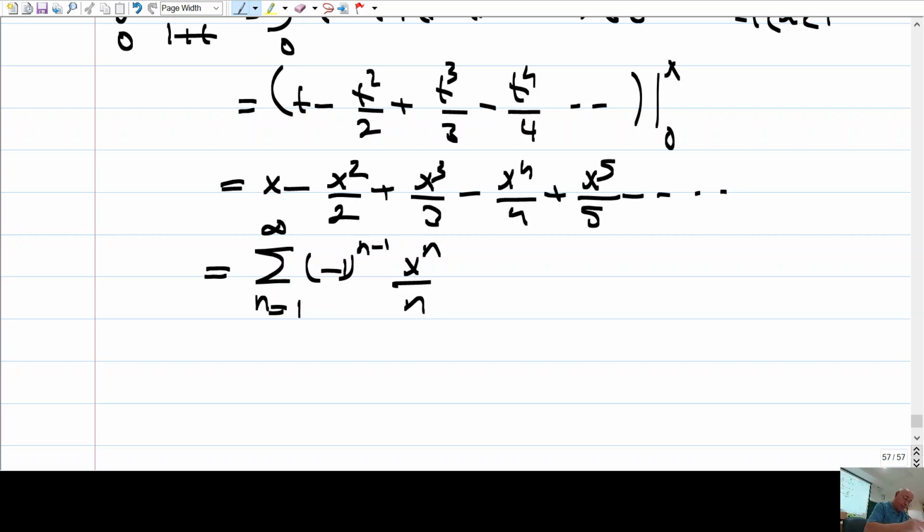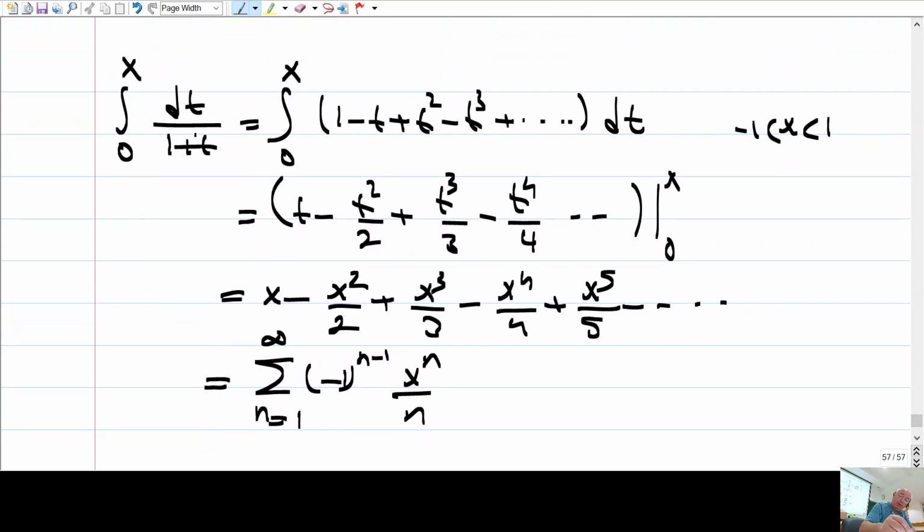So I have this. What about this gadget? Well, this is just ln x, right? No, sorry, ln t, ln 1 plus t, and then 0 and x. When you plug x, you get ln 1 plus x minus ln of what you get when you plug 0, which is ln 1.